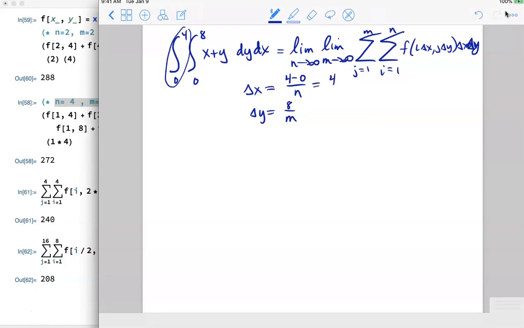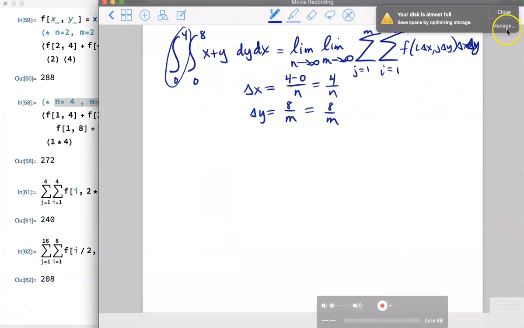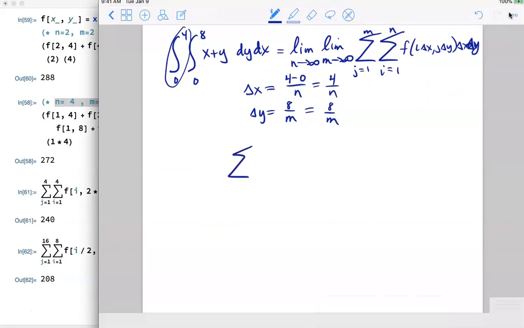So delta x is 4 over n, and delta y is equal to 8 over m. Then, step 1, compute this double sum. j goes from 1 to m, and i goes from 1 to n. The function evaluated at 4i divided by n, and 8j over m.